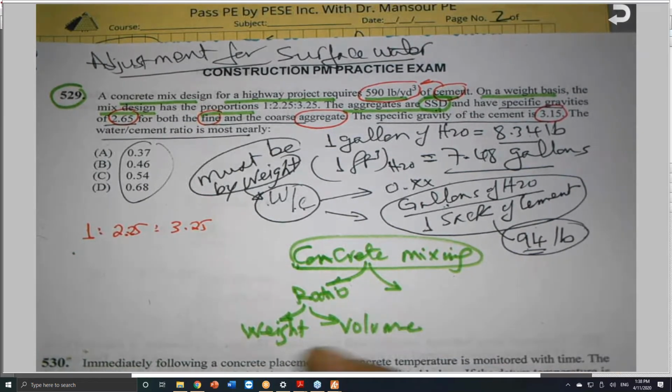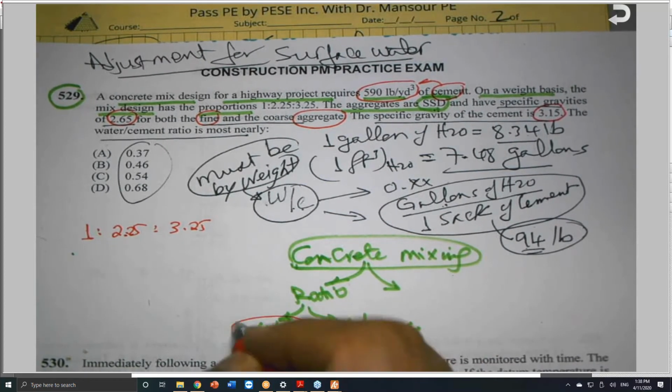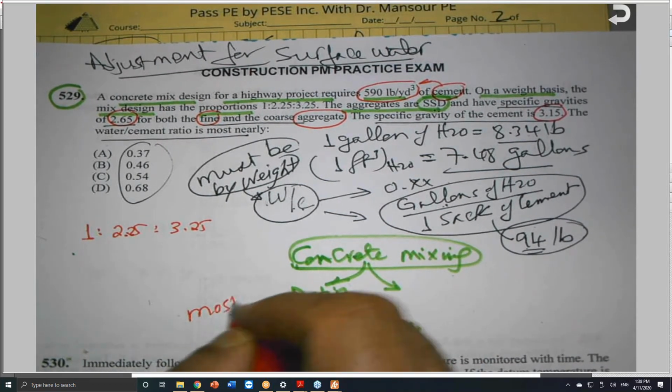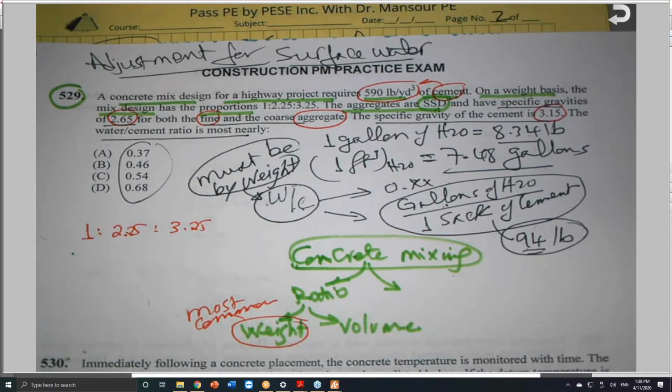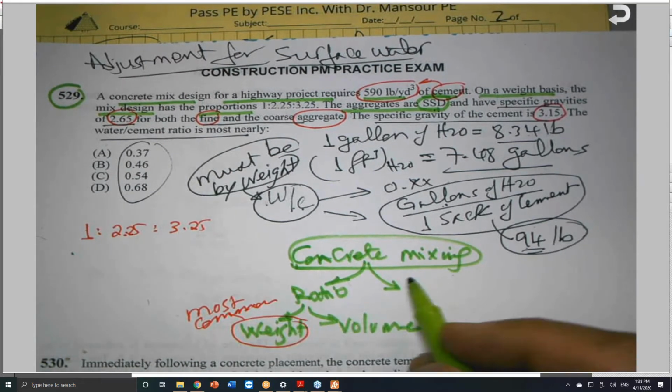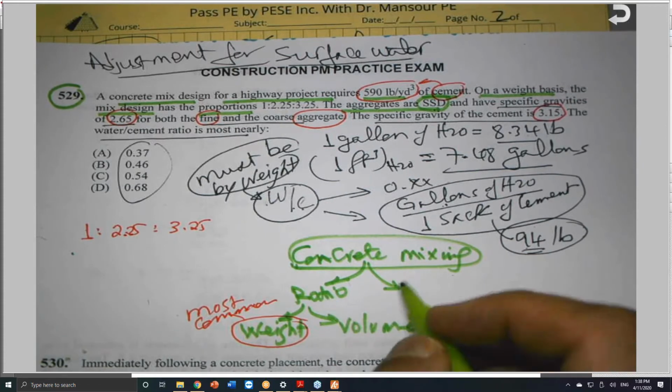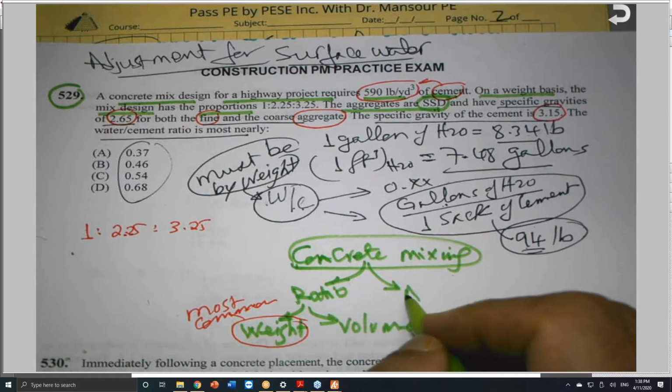By weight is the most common one. The second approach, instead of the ratio, is using the absolute volume equation.